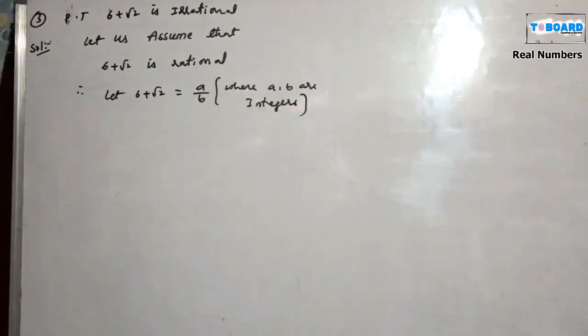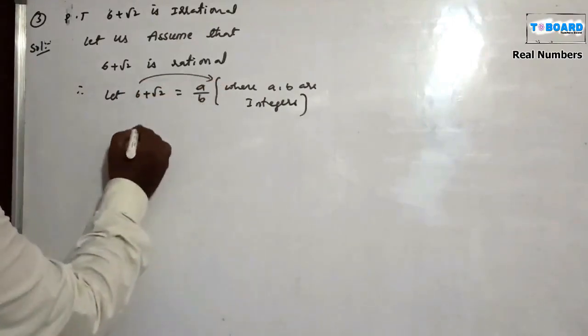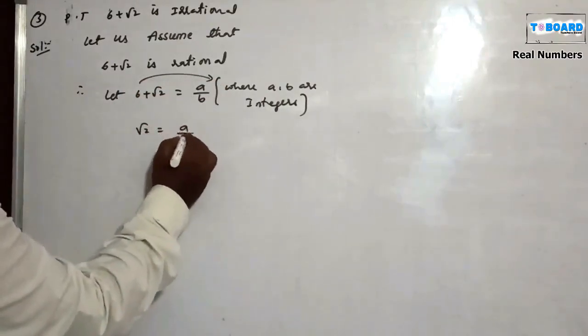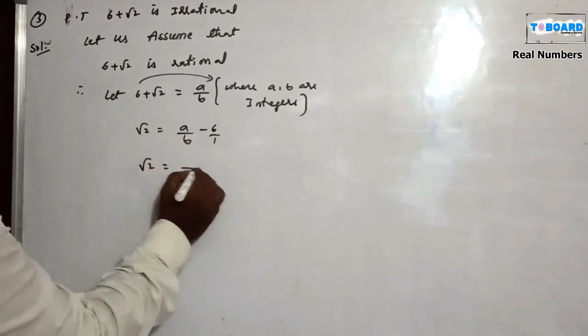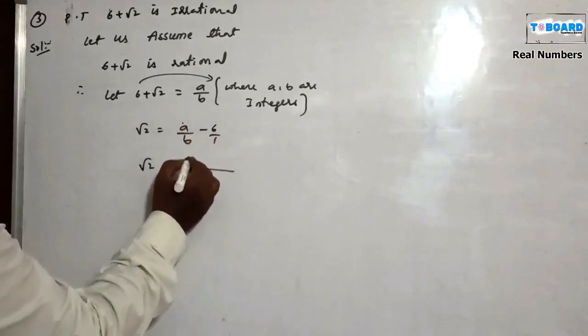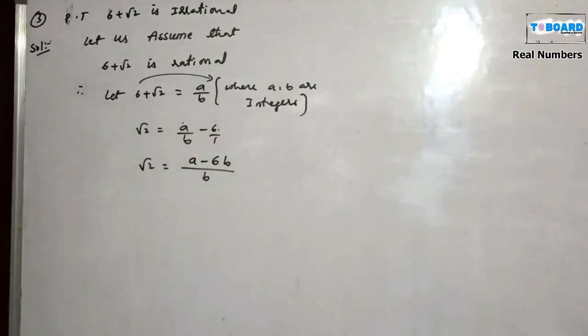a, b are integers. Now 6 changes, root 2 equals a by b plus 6 changes to minus 6. Now LCM b: a into 1, a minus 6 into b, 6b by b.